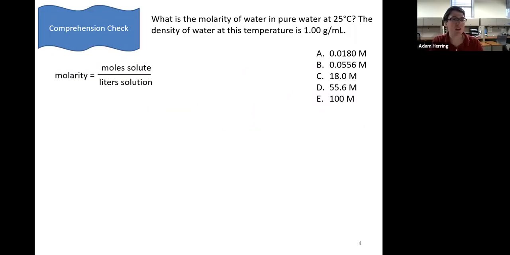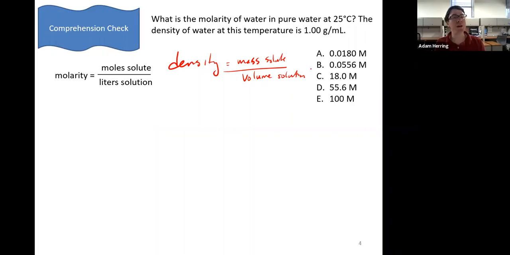Molarity is defined as the moles of solute per liter of solution. And if we compare this to density, density is defined as the mass of the solute per volume of the solution.